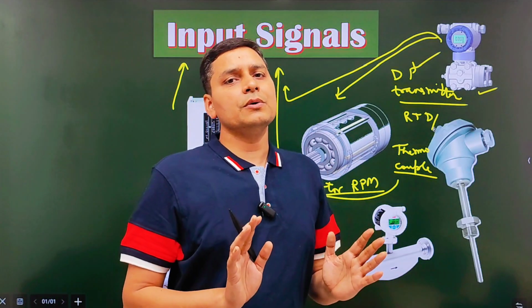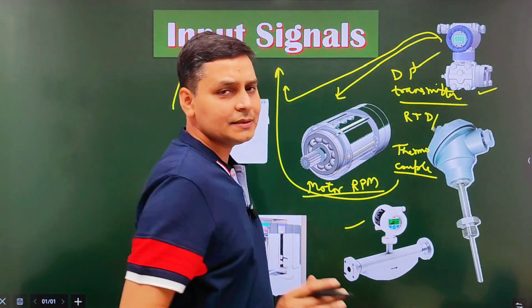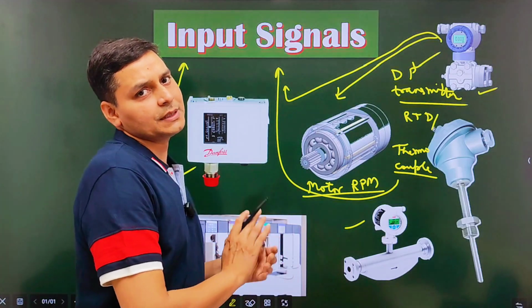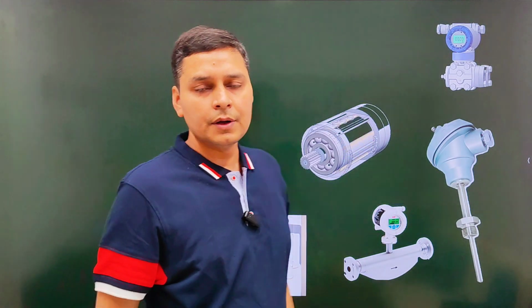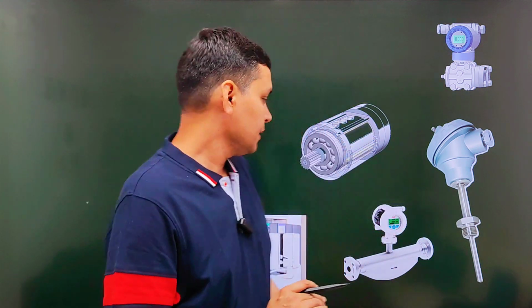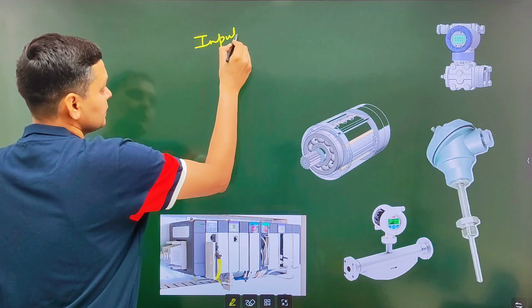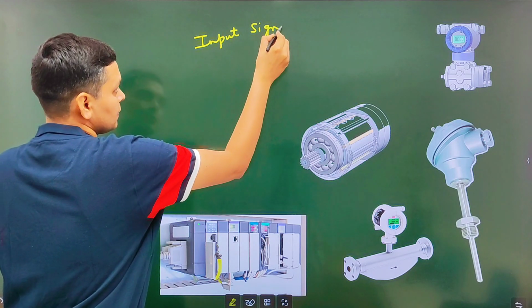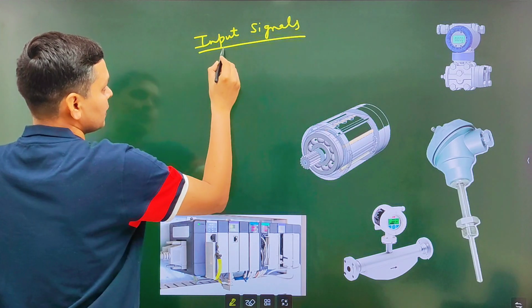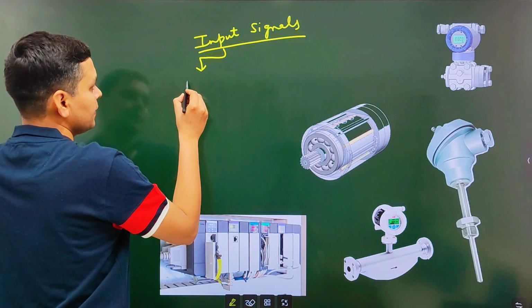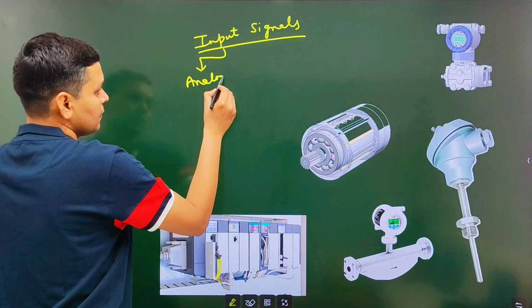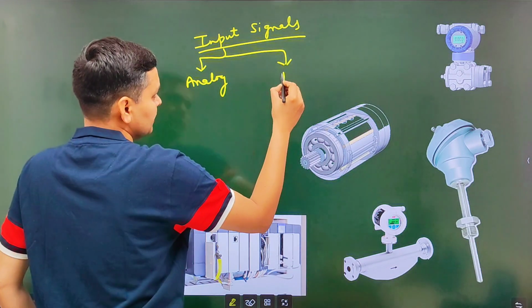Similarly, a flow meter's signal will also be an input signal. Now look friends, input signals are also of two types. They can be divided into analog and digital.